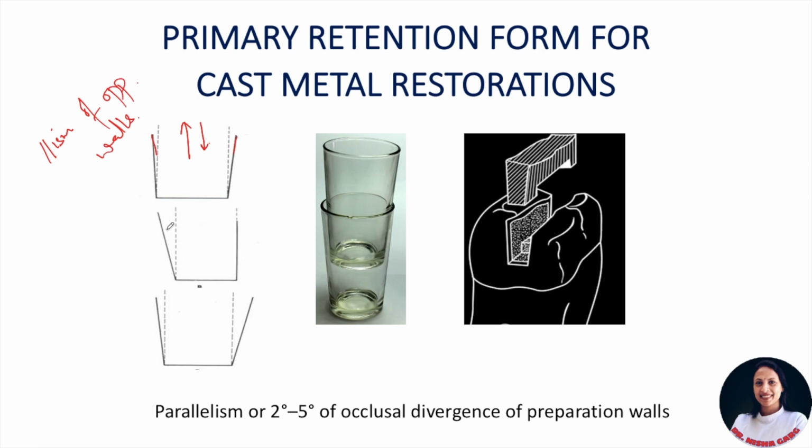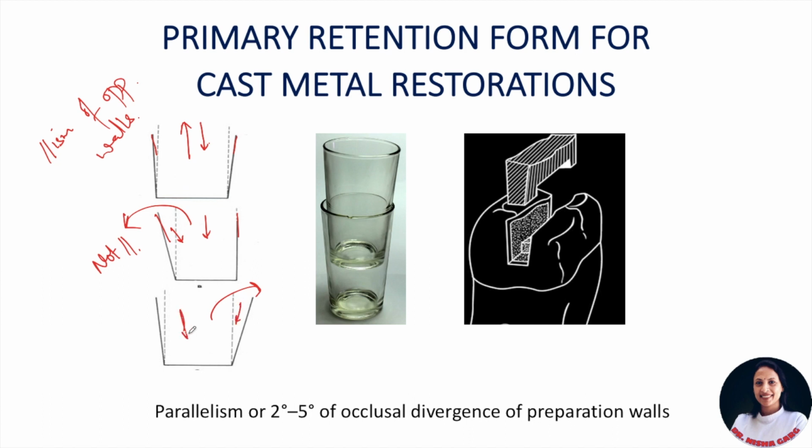In this image, you can see that the opposite walls are not parallel, which may result in multiple paths of insertion of the restoration and tipping of the restoration due to increased freedom of displacement.